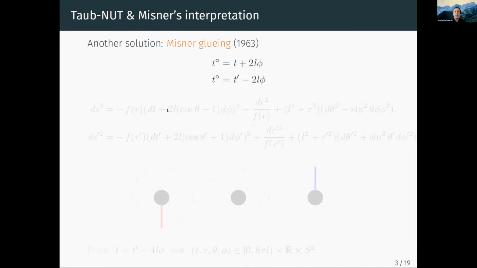But for our purposes, the most important interpretation is the one of Misner. And he, on the contrary, noticed something different, that this rotation has only a local character, and globally we can do something else by imposing a certain different topology on our spacetime.